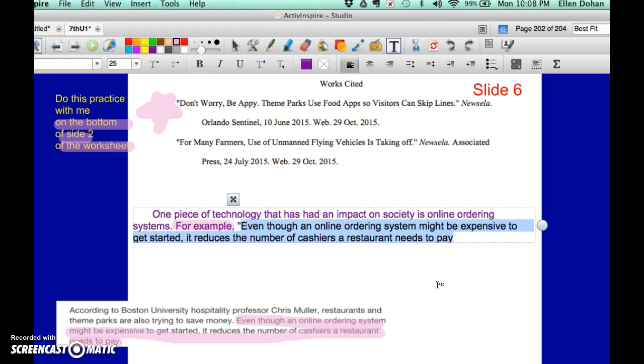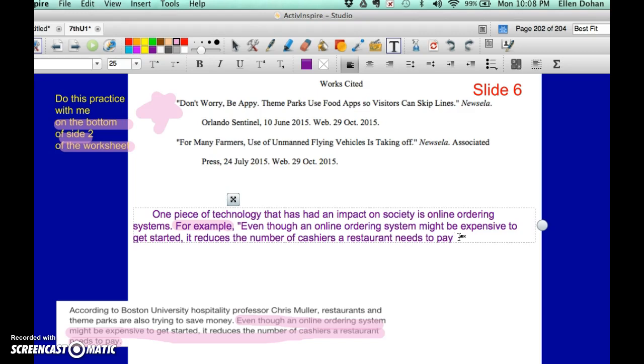I'm going to double check it to make sure it's okay. Even though an online ordering system might be expensive to get started, comma, it reduces the number of cashiers a restaurant needs to pay. Okay, I realize that might have sounded silly, but I'm really making sure I'm being accurate.